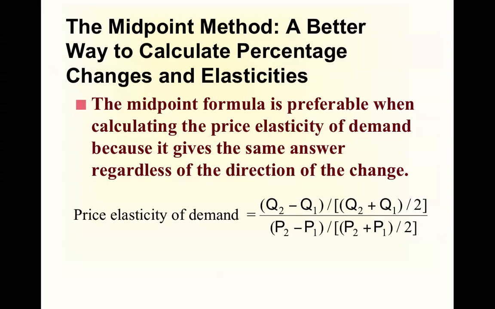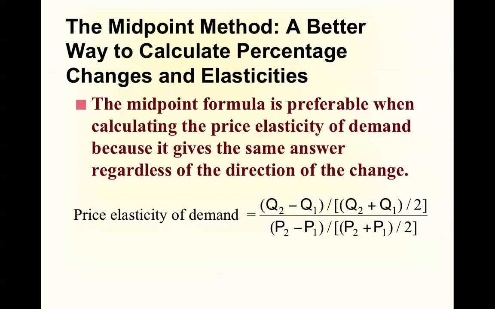Now here, this monster is the midpoint method. The only thing that's really changed is the base. We still have the change in quantity, but now that change is over the midpoint, which is Q2 plus Q1 over 2.